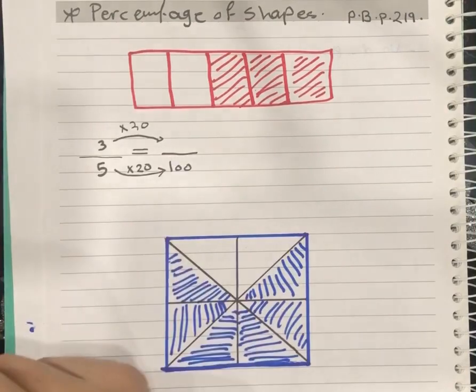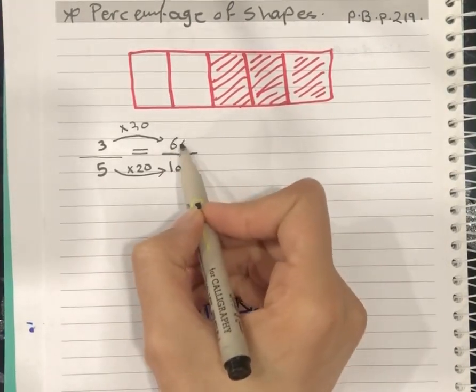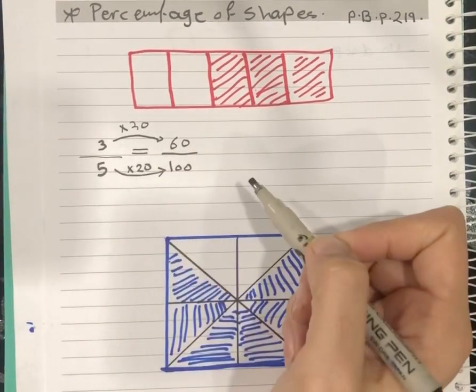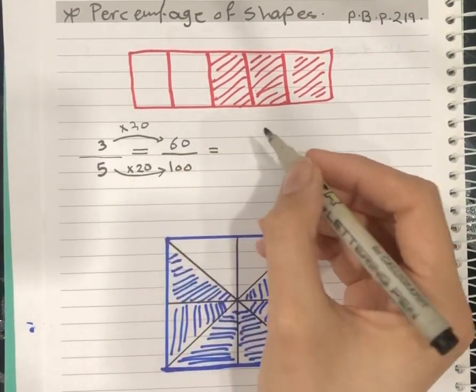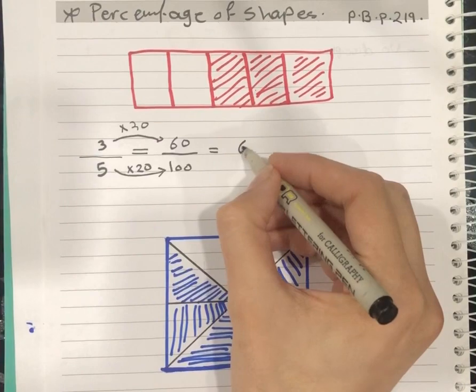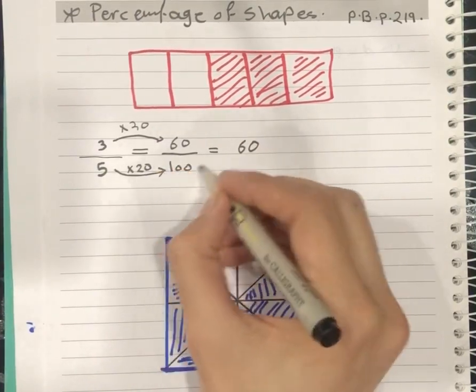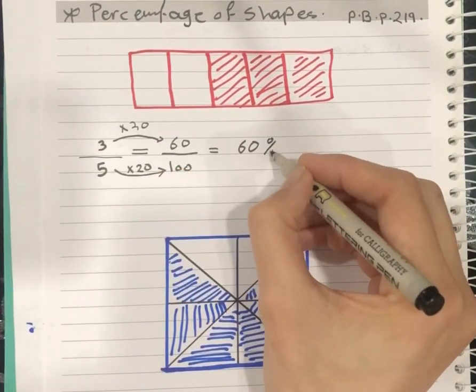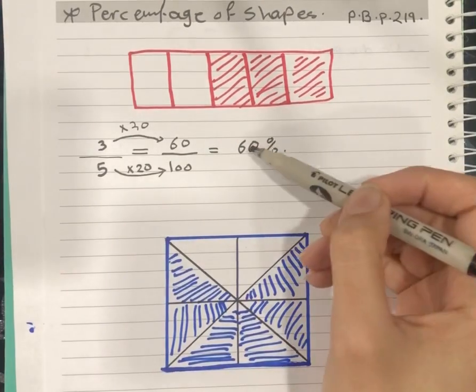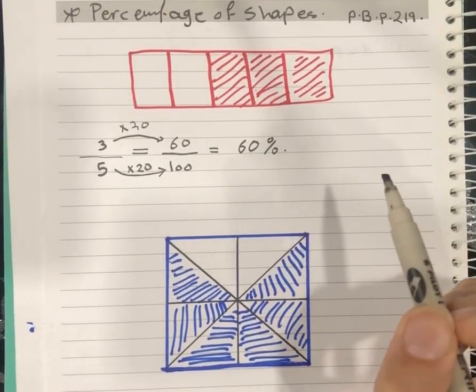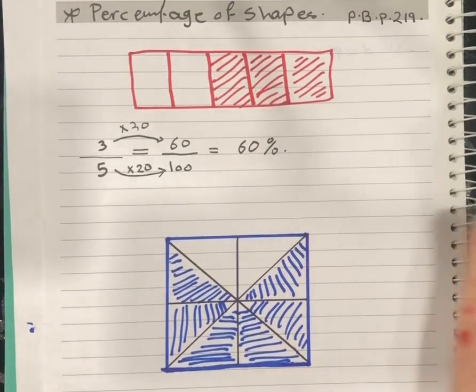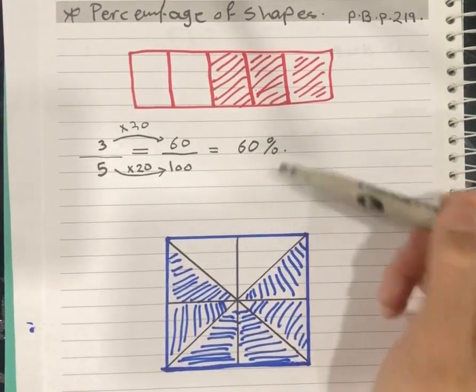So 3 times 20 will be 60. Now, this fraction out of 100 is very easy to write as a percentage because we only take the numerator, which is 60, and we replace the denominator with the percent sign, and this is read as 60%. So the amount or the percentage of this shape that is shaded is 60%.